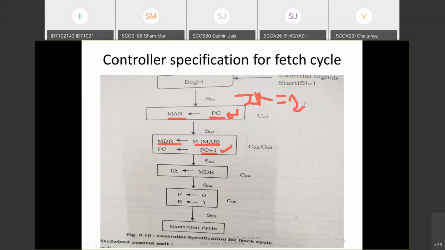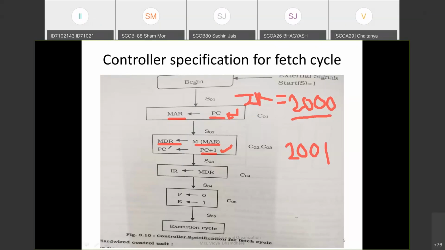Here the program counter has content stored at a particular memory location. For example, if I say the 2000 memory location, the first instruction and data are stored, instruction as well as data. Now, after completion of the first instruction execution and the data being moved to the memory data register, the program counter content will be incremented by 1. That means initially it is at memory location 2000, and now it will move to memory location 2001.